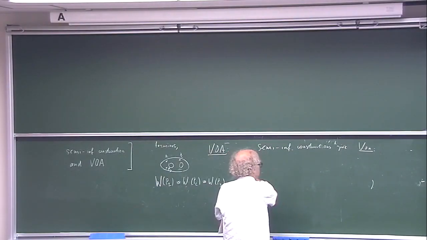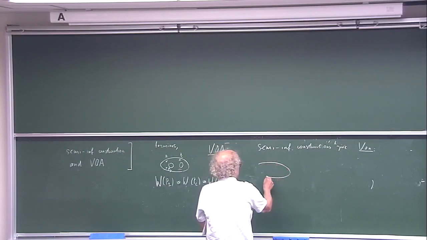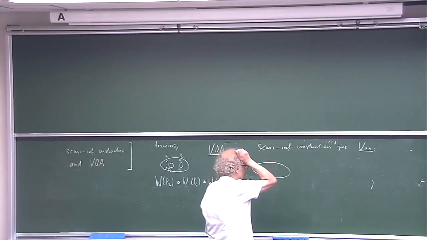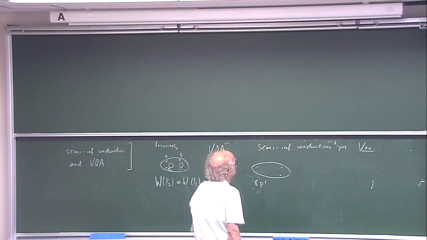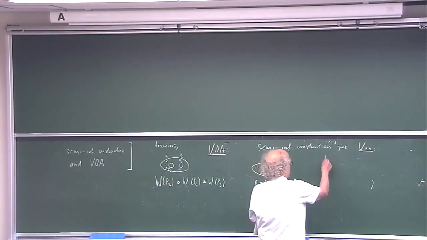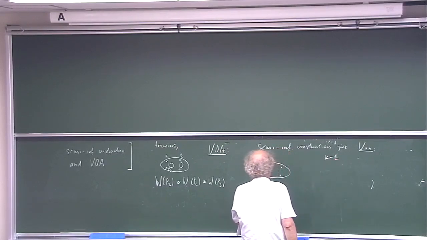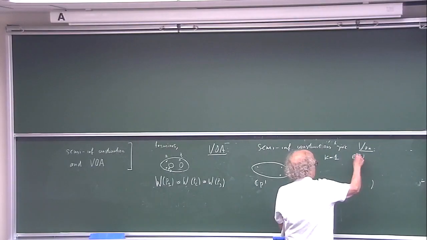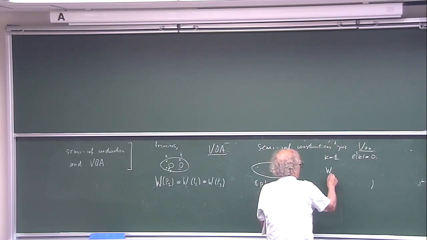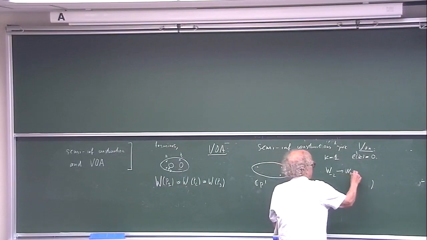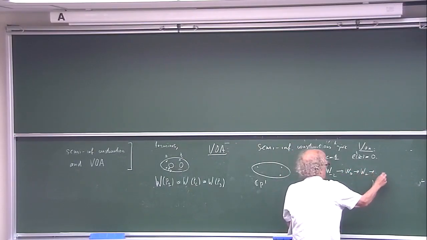Suppose I have CP1 with several points. And my representation, for k equals 0, 1, when I started with the relation E(z) squared equals 0, was something like this: W_-2 embedded into W_0, embedded into W_2, and so on. It is like that.